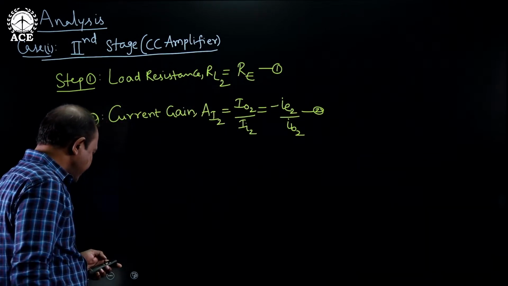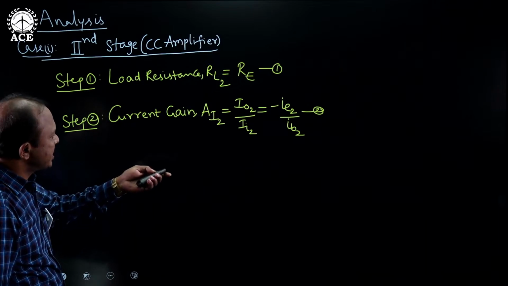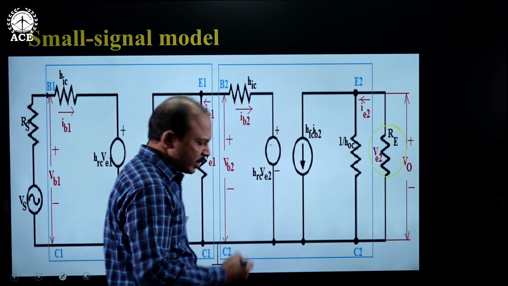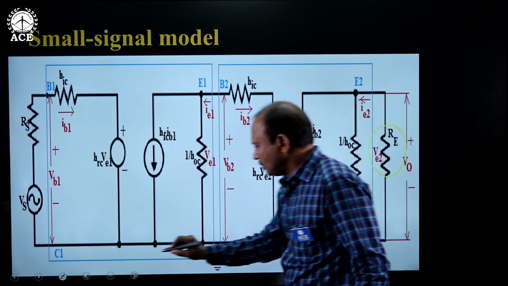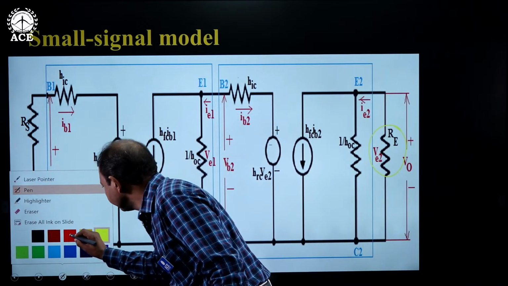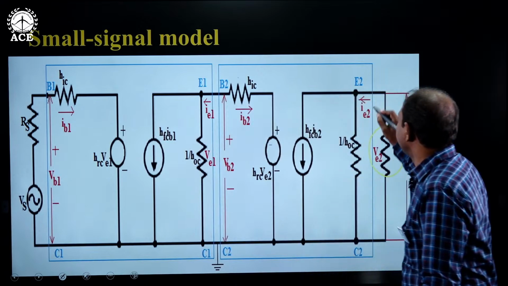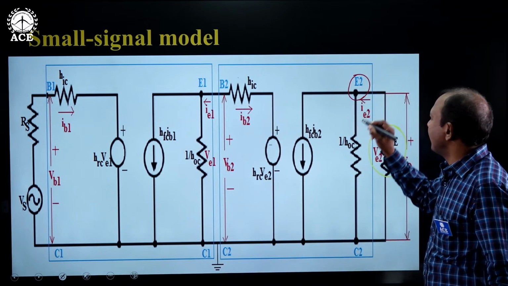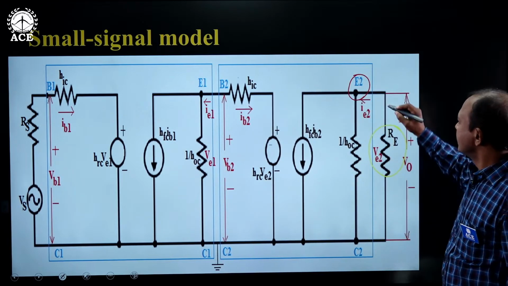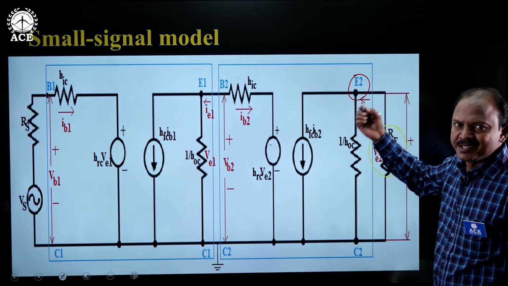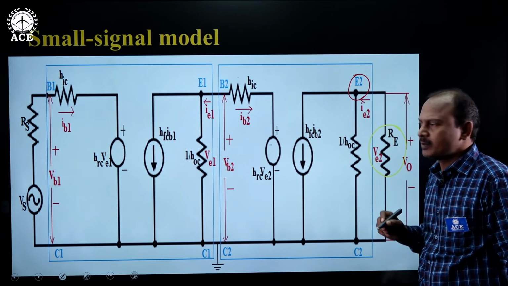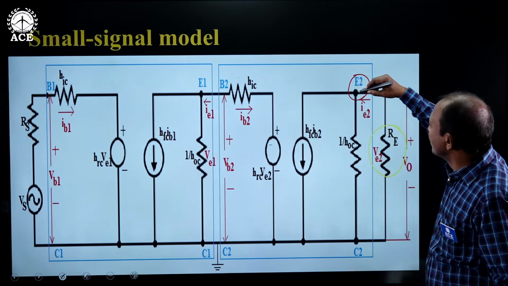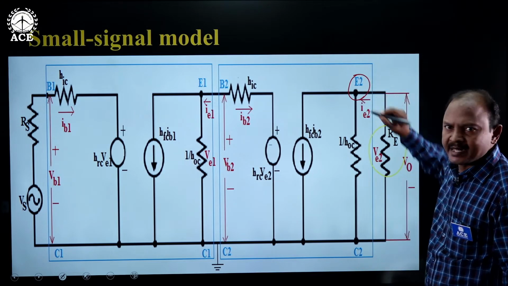To obtain an equation for current gain, go back to the circuit. Look at the small signal model here. At this emitter node, apply a KCL. What is KCL? The sum of the currents entering a node should be equal to the sum of the currents leaving the node. What is the current entering node E2? IE2 is the current entering.